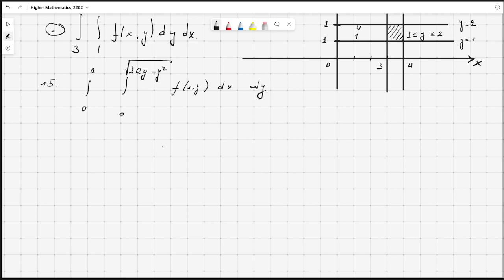It means x lies between 0 and this root. And y lies between 0 and a.